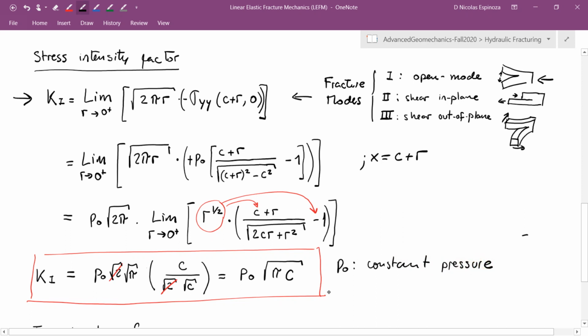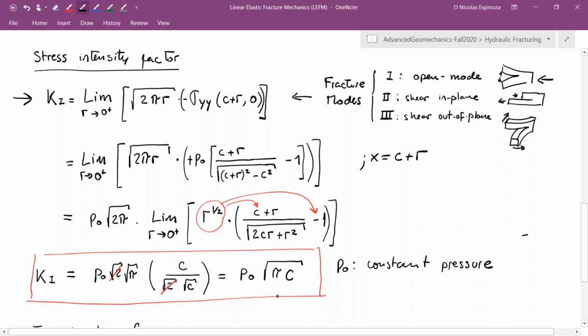Sometimes we have cases in which the pressure is not constant and the stress intensity factor is going to be a little bit different. Remember that for the coupled problem of fluid fracture propagation, the pressure varies along the fracture as it goes from the wellbore to the tip of the fracture, so this pressure is not going to be constant. Nevertheless, we're going to find that this equation is going to be very useful to us in developing some simplified models that capture fracture propagation.